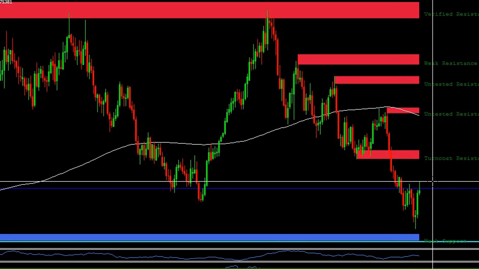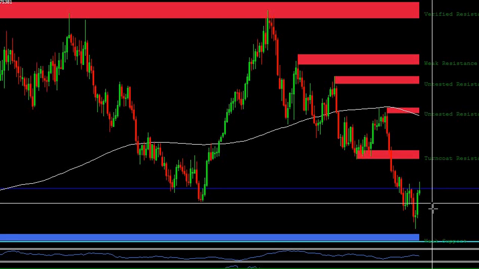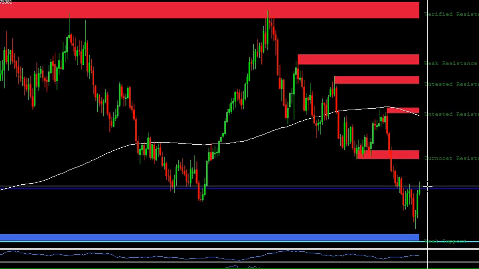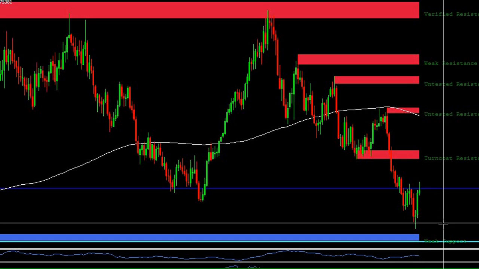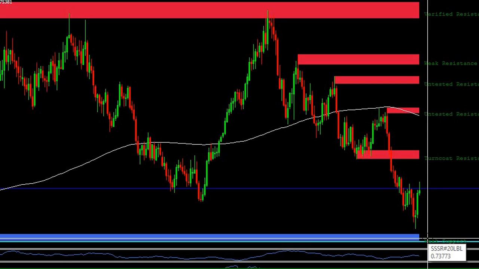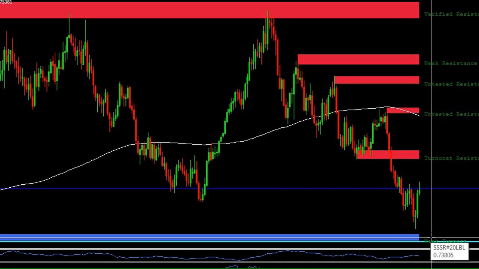So as far as Aussie dollar is concerned, I'm more bearish than I am bullish. I'm not even looking to go long in any case, unless we are to break this level and test the level 1.737. That's when I'll be thinking of a counter trend trade.